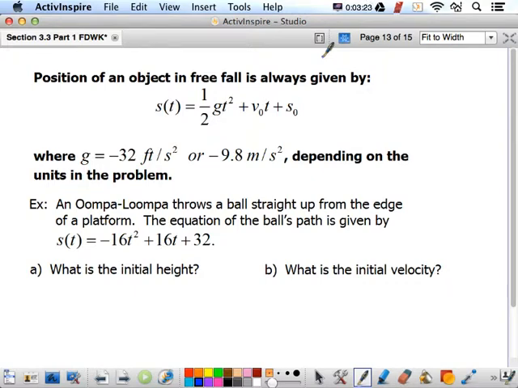We're going to talk now about where the position functions come from. The position of an object in free fall is always given by the equation, and this particular textbook uses s's, some use y's, some use h's for height, it doesn't matter.